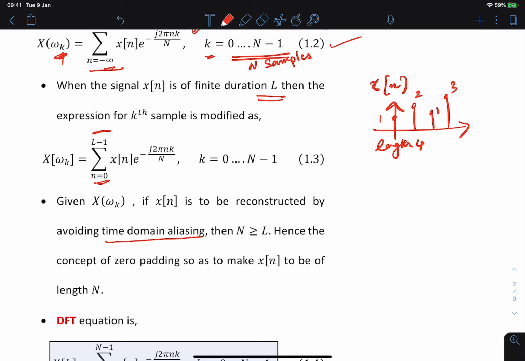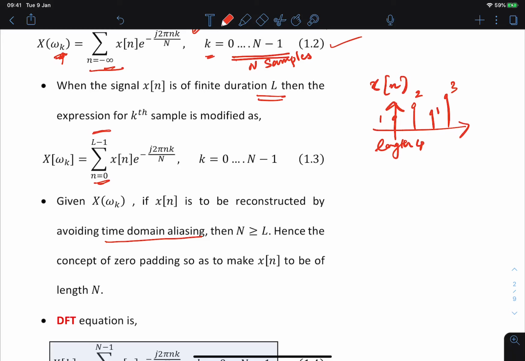In the frequency domain, DFT is actually sampling in the frequency domain. So when a signal is sampled in the frequency domain and then we try to reconstruct the signal, what will happen? That is, we are trying to get the original X of omega from the sampled version of X of omega.